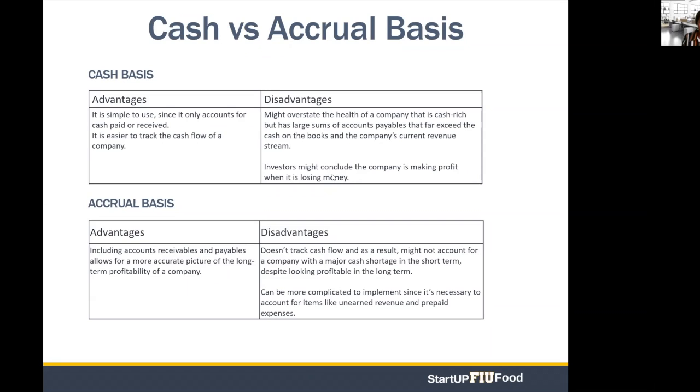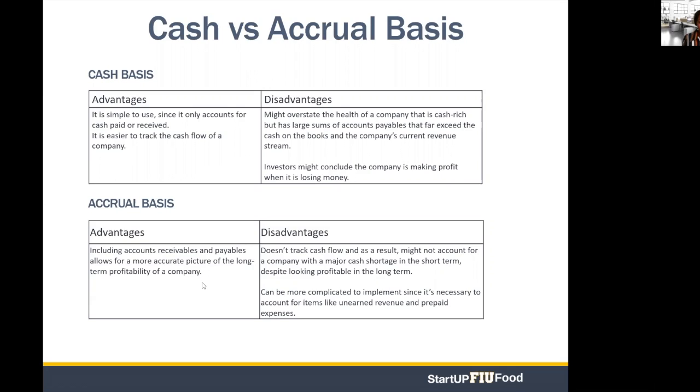And investors, given where you guys are, and especially in the food industry, might conclude that the company is not profitable, right? When you're not recognizing your revenues and expenses as you're incurring them versus when they're earned versus when they're actually received.